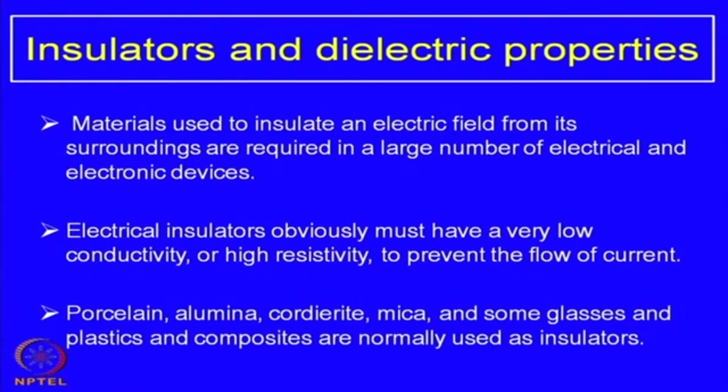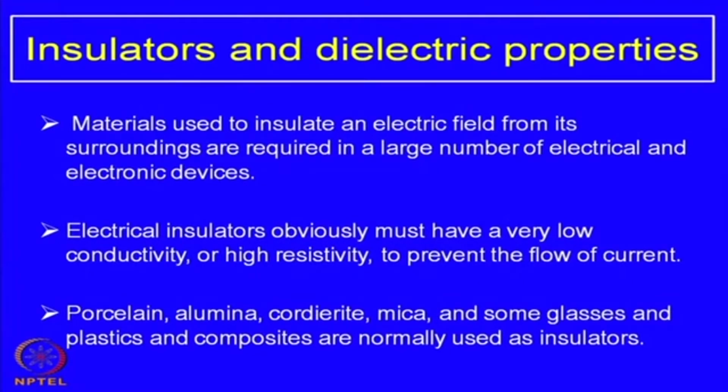The examples of some of these insulators we have seen earlier, and can be repeated here once again. The porcelain basic insulators, clay based ceramics, aluminum oxide, alumina, cordierite is another important insulating ceramic, mica is a natural mineral and also one of the ceramics, that is a layered kind of ceramic, and some glasses.